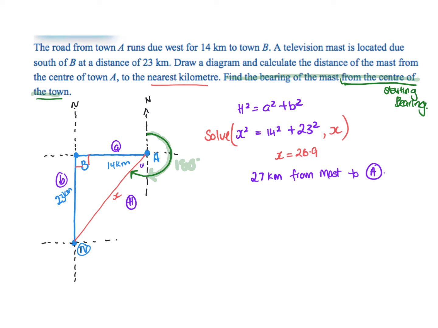I still got to add that, I'll call it Y, this angle Y, so 180 plus the Y will give me the bearing, the total bearing from north. Okay, the total true bearing, I should say. Okay, so what we're going to do is we need to find out that angle. So there's a couple of ways you can do it.